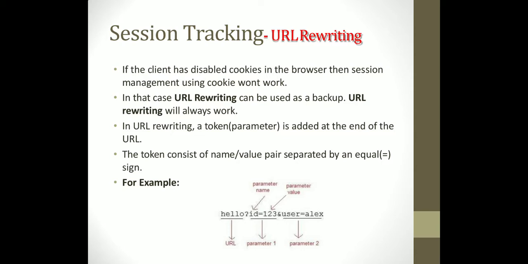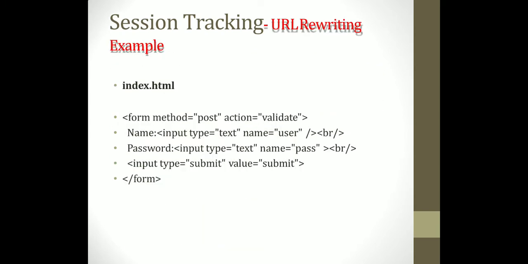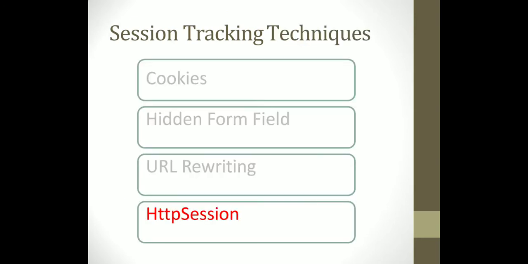The token consists of a name and value pair that is separated by an equal to sign. You can see here in the URL there are values, separated with the equal to sign. This technique also we have seen with an example and its advantages and disadvantages.